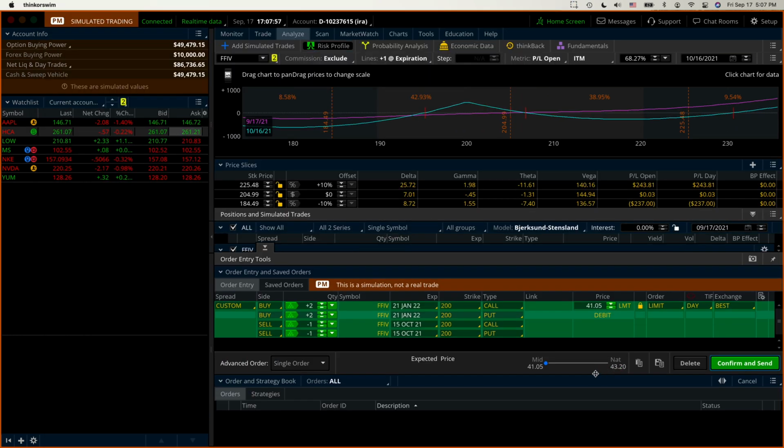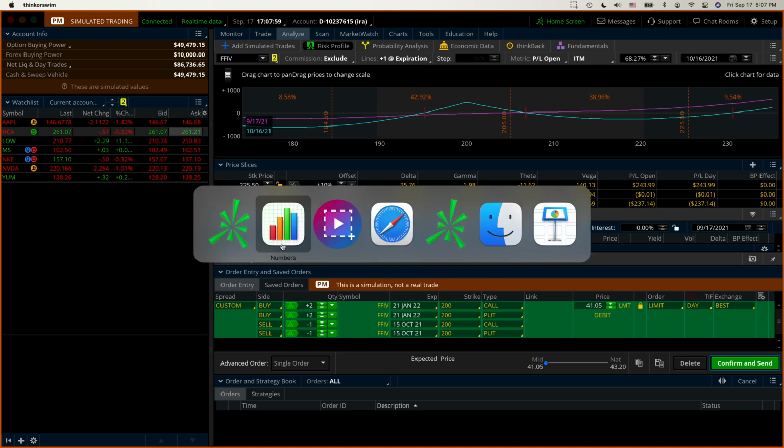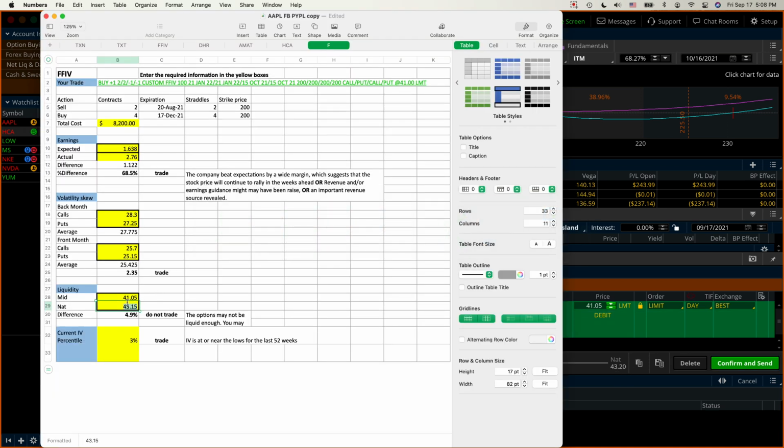Create duplicate order, and here it is, 43.2. Go back to the spreadsheet, enter it here, 43.2, and that is a little not liquid enough, but given that the other issues are more motivating, why not?